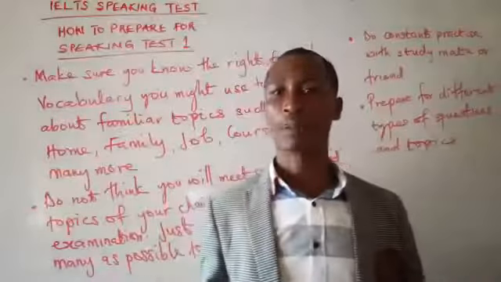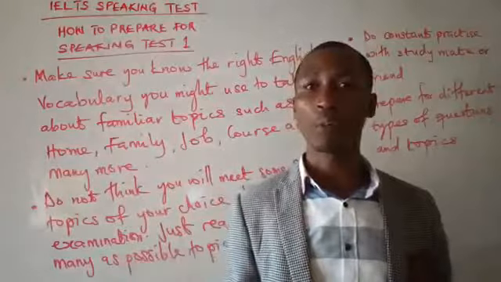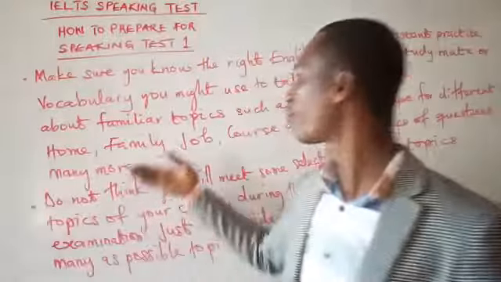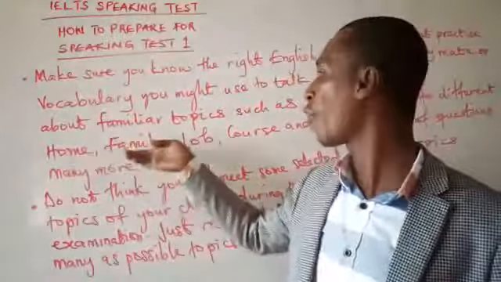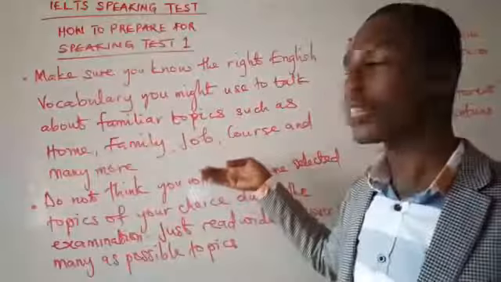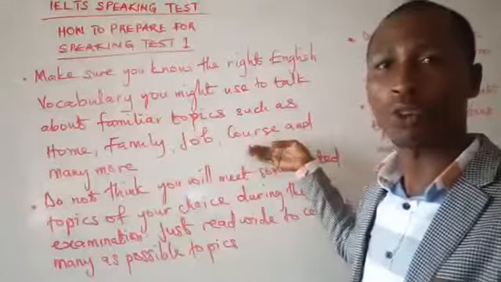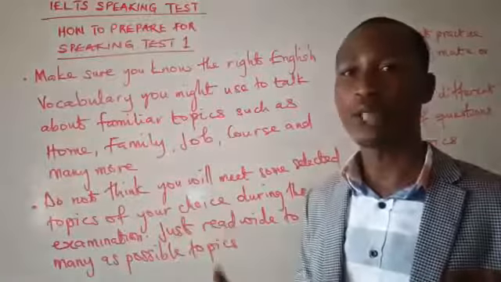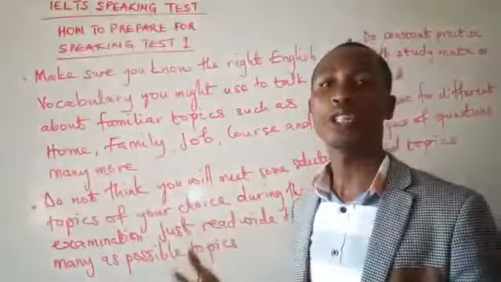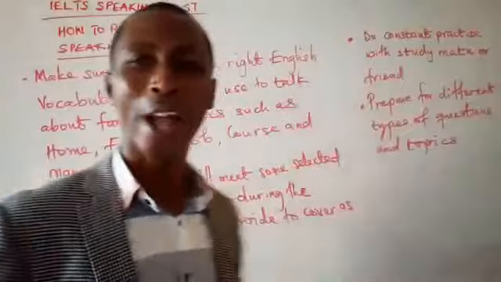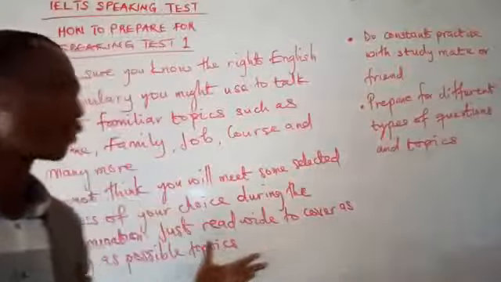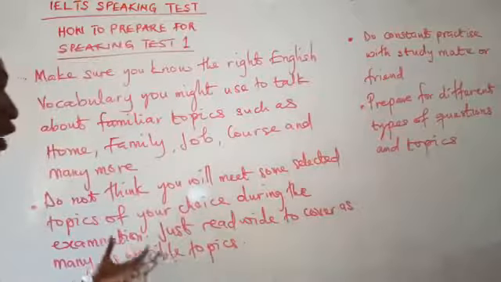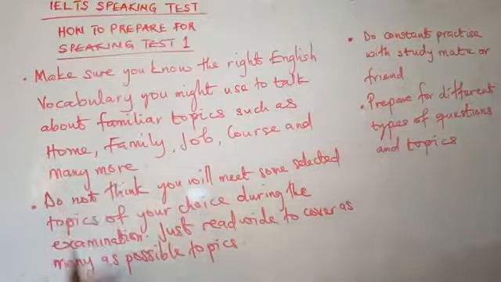But the examiners decide the kind of topic that they will bring at a point in time. So if you prepare purely for home or family, and everything that you are being asked is about course of study, you realize that you'll be short of ideas and you will not have the rich vocabulary to use. So the only thing you need to do is study widely, cast your net wide to be able to get much vocabulary for the selected topics.